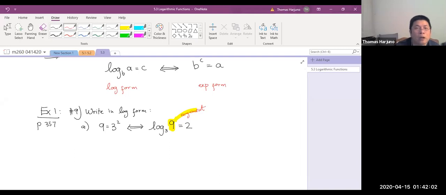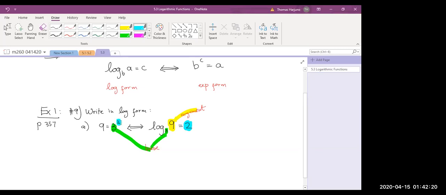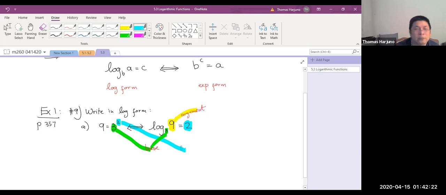While this 3 here, the same 3 there, we call that the base. What do you think we call the 2? The exponent. That's right, the exponent. So the guy inside the log is called the argument.